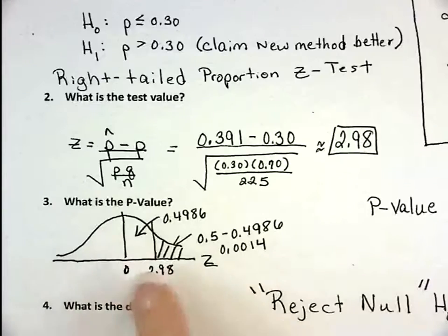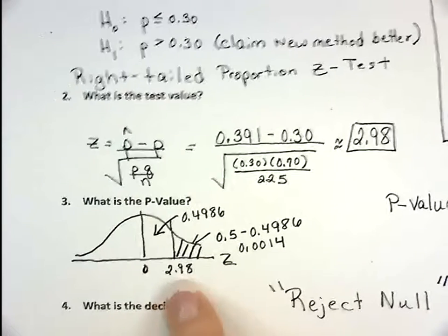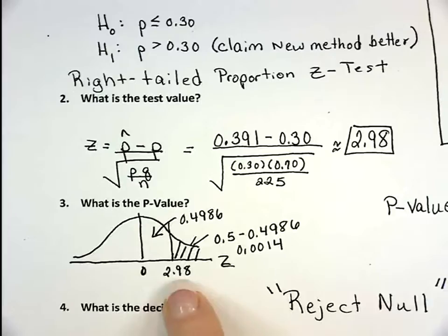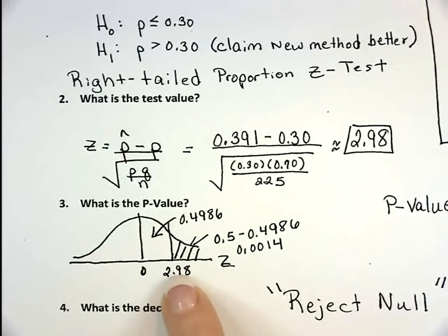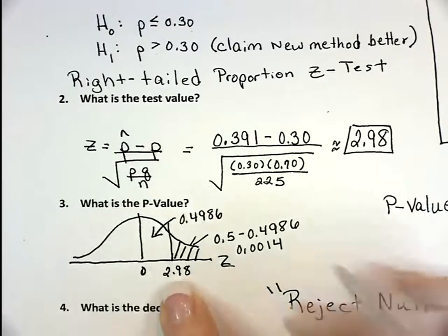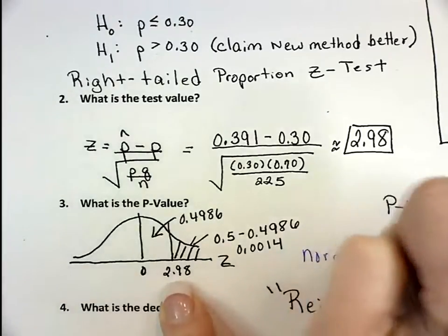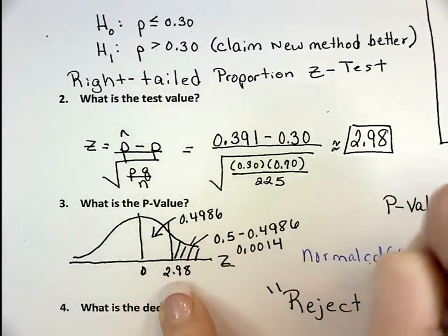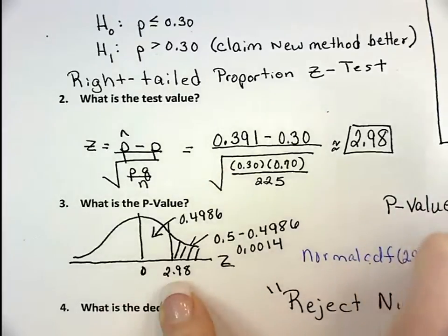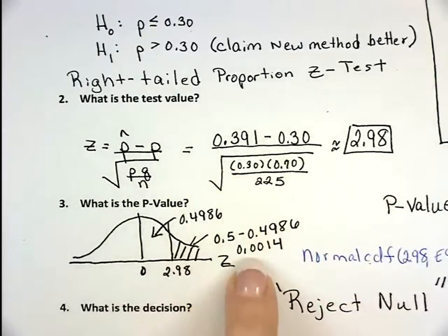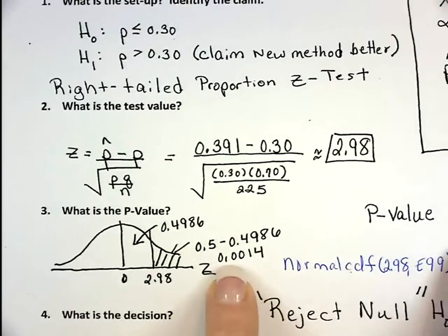What is the p-value? Put the 2.98 as a test statistic on the axis where it should fall. And you would actually look up 2.98 in the 2-page z-table, or you could do normalcdf of 2.98, E99, and that area is 0.0014, and that's what you would get for your p-value by hand.